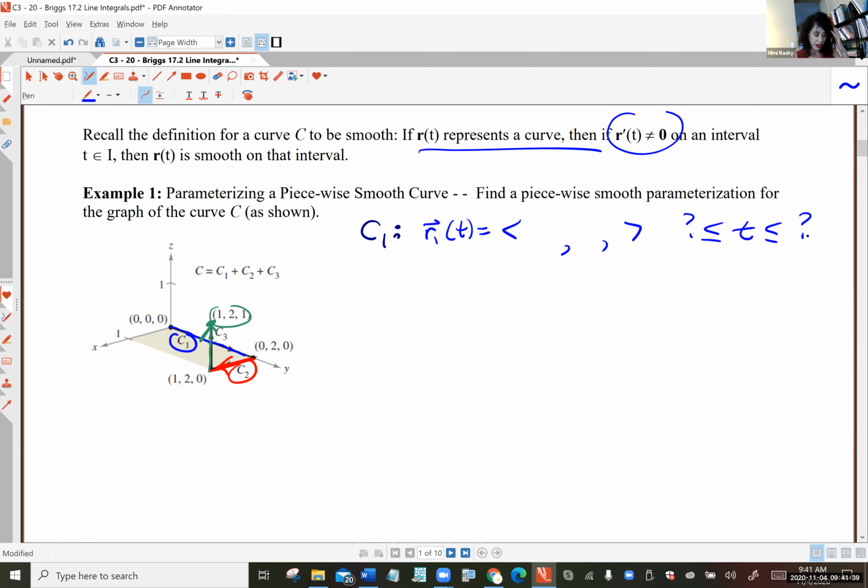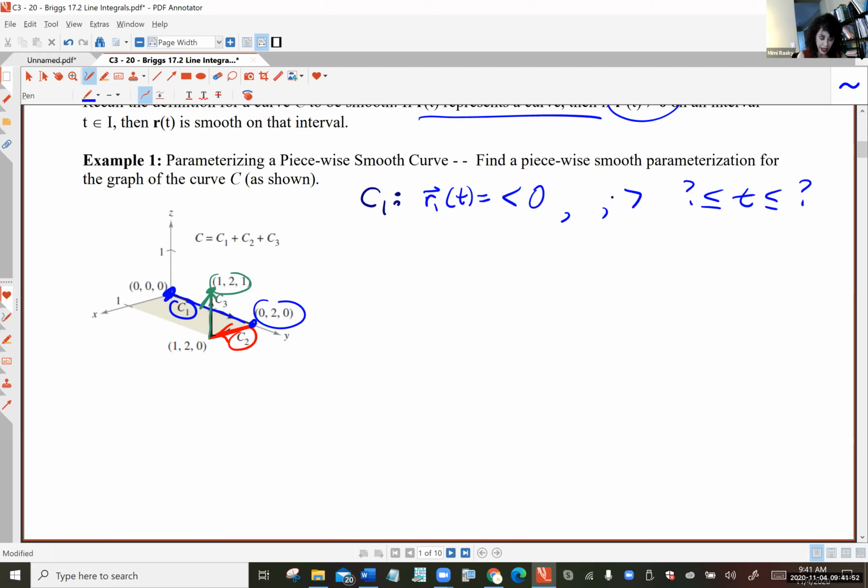What I notice is I'm starting at (0, 0, 0) and traveling along the y-axis, and my ending point is (0, 2, 0). Because I'm on the y-axis, the x and z components of my vector valued function are clearly zeroed out. So what is varying? The y coordinate.